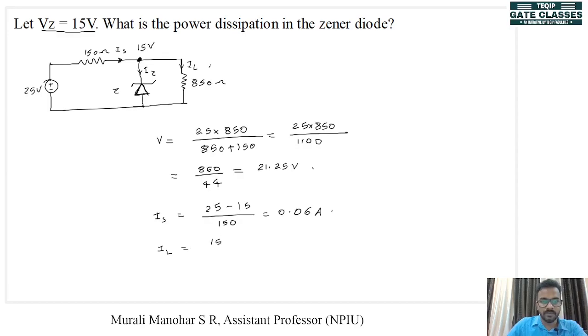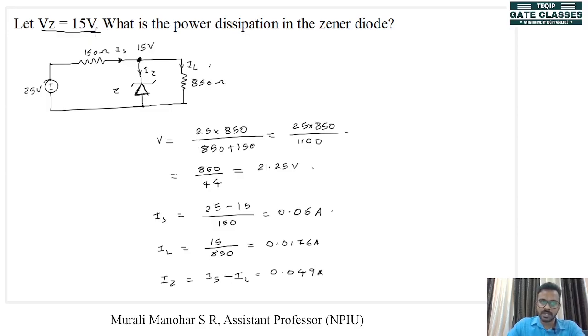It will be 15 divided by 850 ohms, and that is 0.0176 ampere. Okay. Now what will be IZ? IZ will be IS minus IL, and that will be 0.049 ampere. Okay. The current through the Zener diode is 49 milliampere.